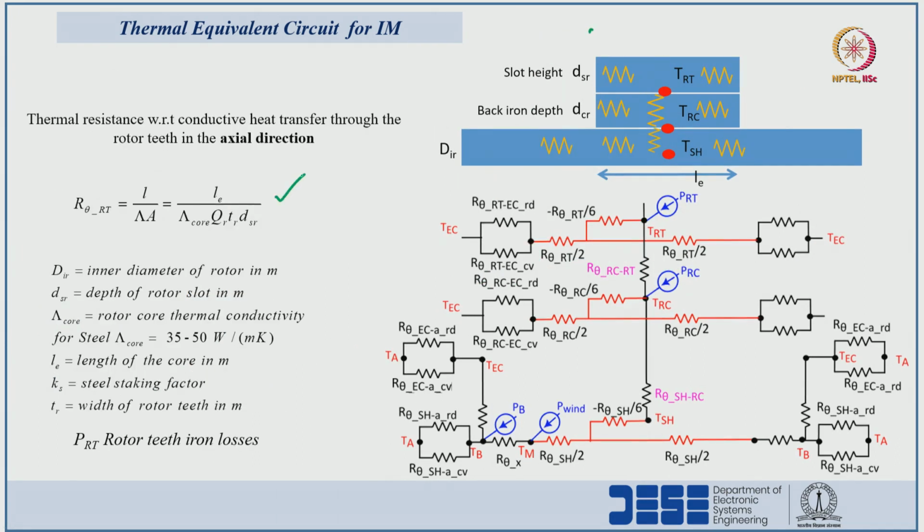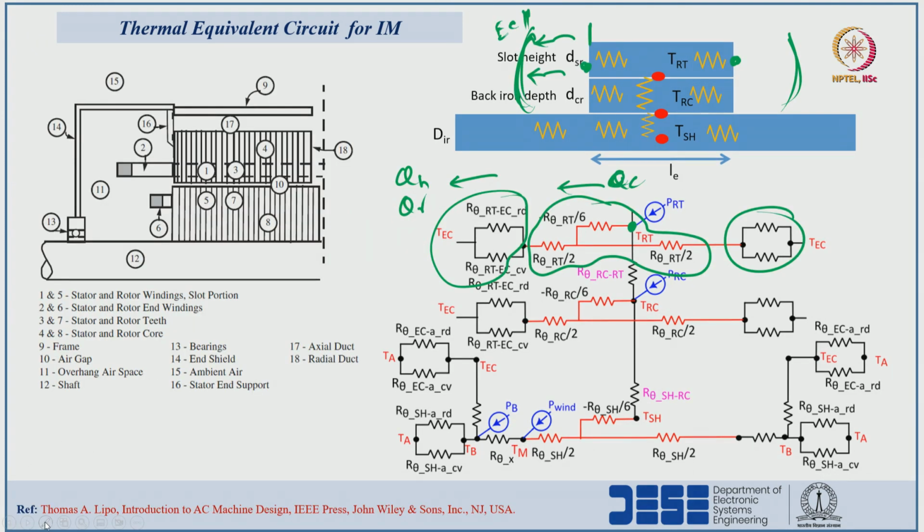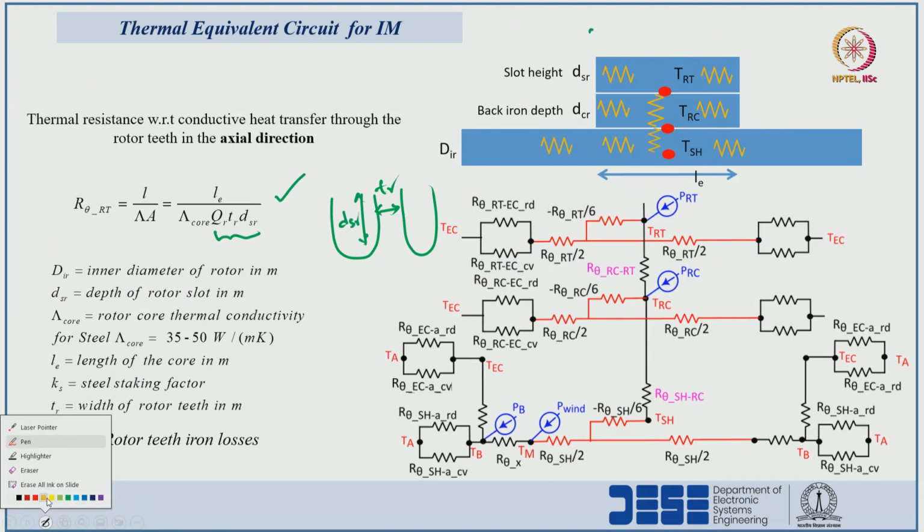First, we will analyze the thermal resistance of the rotor teeth in axial direction. The rotor teeth area is the area of a single tooth times the number of rotor slots. QR represents the number of rotor slots, TR represents the width of each rotor tooth, multiplied by the height of the rotor teeth, which is DSR.